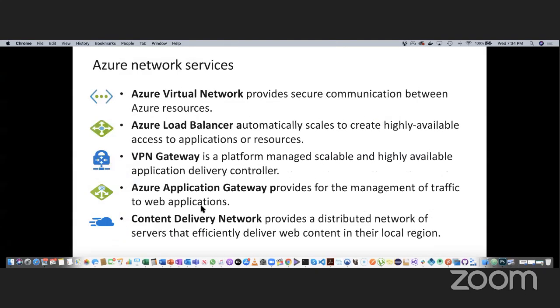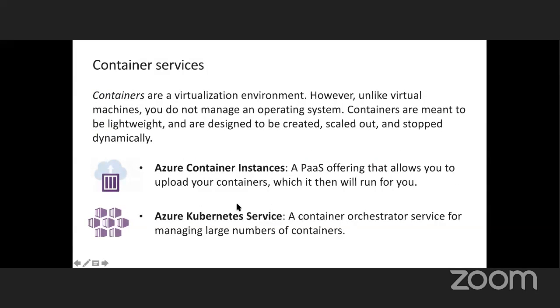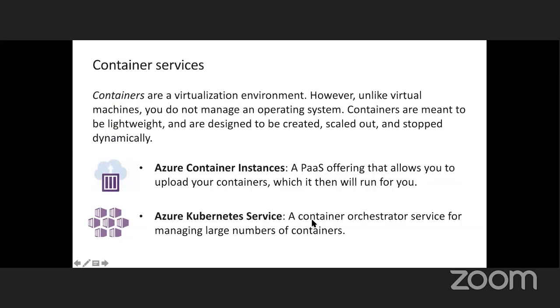Azure Kubernetes is a third-party container service, and AWS has it too: Elastic Container Services and Elastic Kubernetes Service, EKS, in AWS. In Azure it's AKS, Azure Kubernetes Service. It's a container orchestrator service for managing a large number of containers.